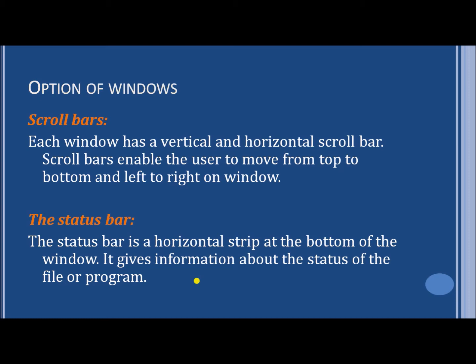Okay, now there are scroll bars. Scroll bars are basically two bars: the vertical scroll bar is on the right side of the window, and the horizontal scroll bar is at the bottom of the window.